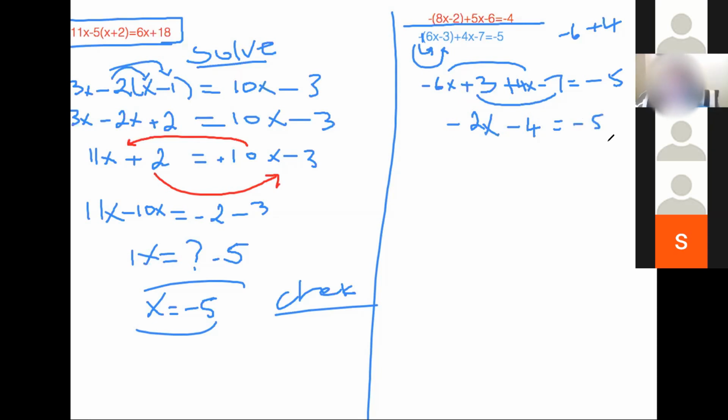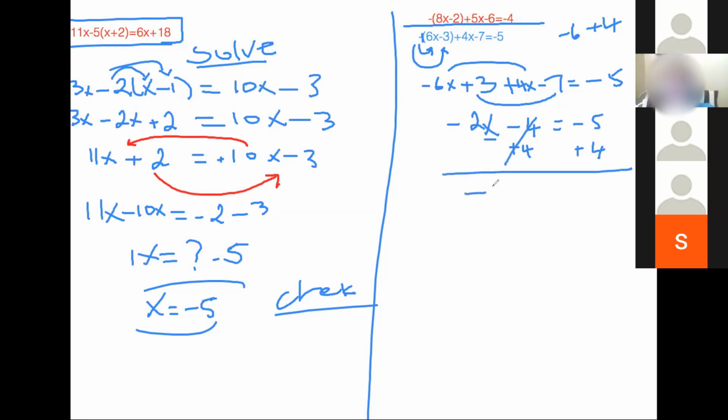Again, keep in mind we want to isolate the x by itself. So what do you do next? To cancel -4, we need its opposite, which is +4, on both sides. What do you do on one side of the equal sign? You do the exact same thing on the other side because it's an equation. You have to keep it balanced.